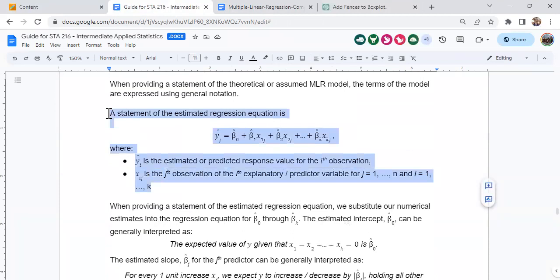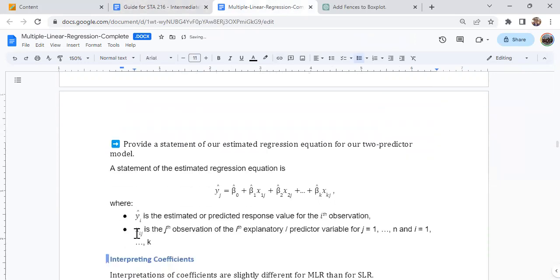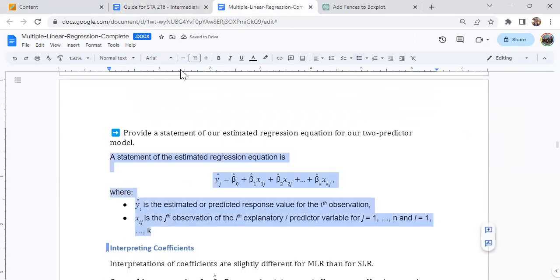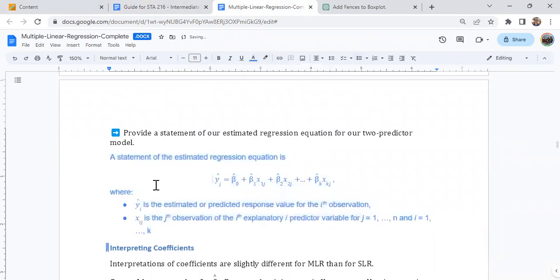This one we have to be a little more careful with when we give the model statements, because this is even more general, since you can have an arbitrary number of predictors. So we have to make sure we tailor it for the given problem that we're working with. Okay, so we start off like this.